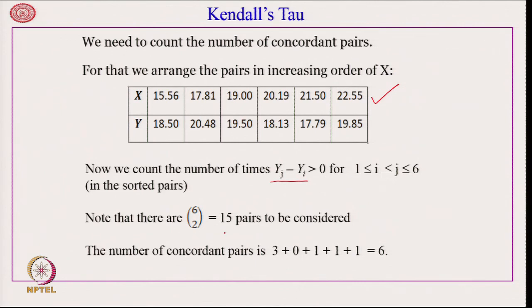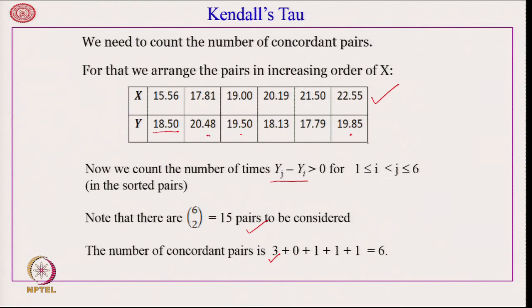Now, there are 6C2, that is 15 pairs to be considered, and we can see that the number of concordant pairs is 6. How? We look at the first one, where y is 18.50; there are 3 of them that are bigger than this value. Therefore, corresponding to the first pair we get the value 3.